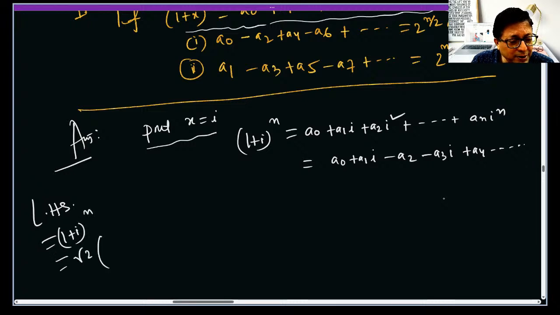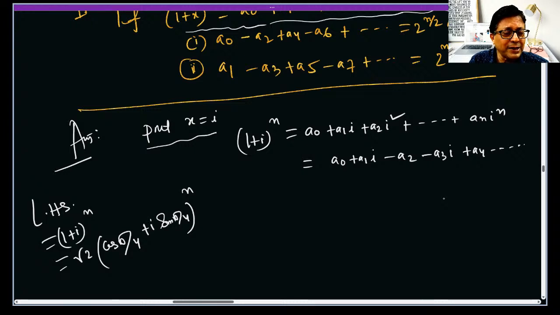This you multiply and divide by root 2. So cos pi by 4, isn't it? Because if you multiply and divide by root 2, then this will be what?